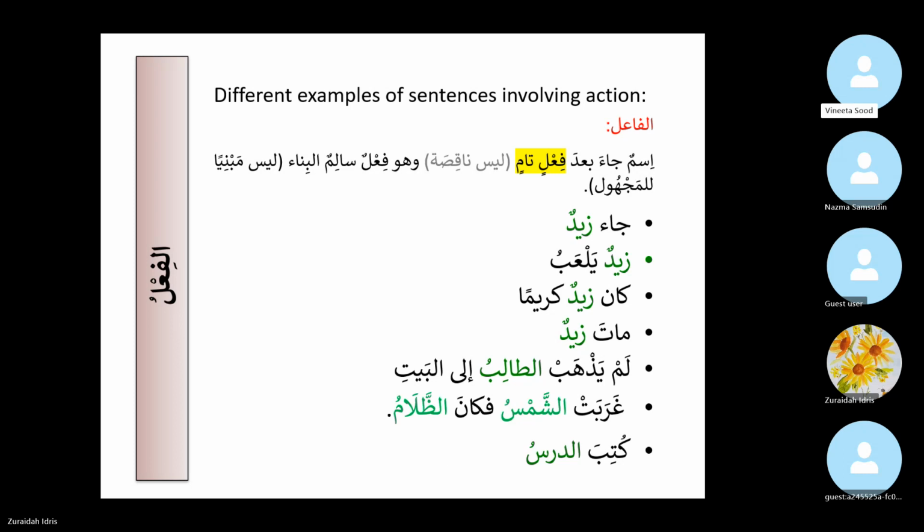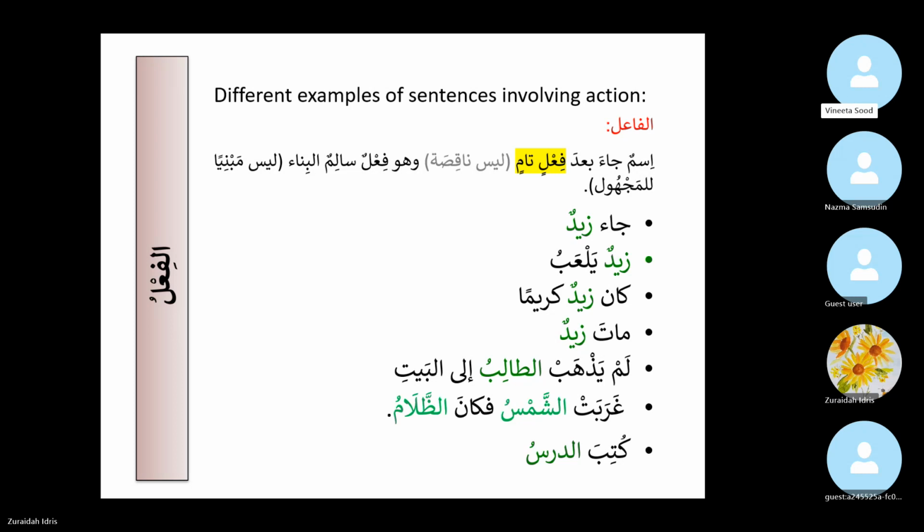Zalamu is darkness, from zulm. So when the sun sets, then it's dark. It became dark, it was dark, because of kana.